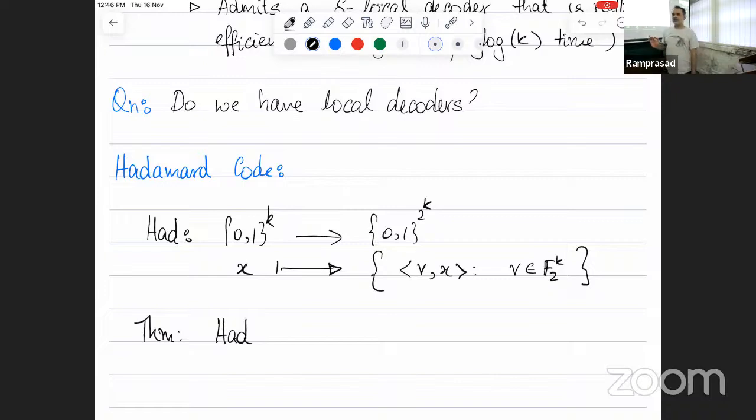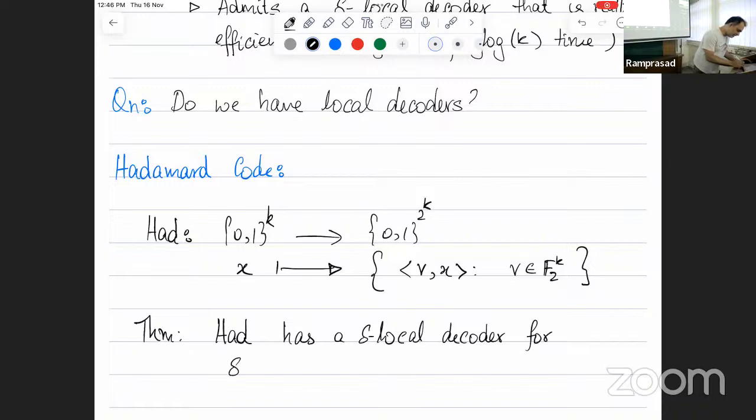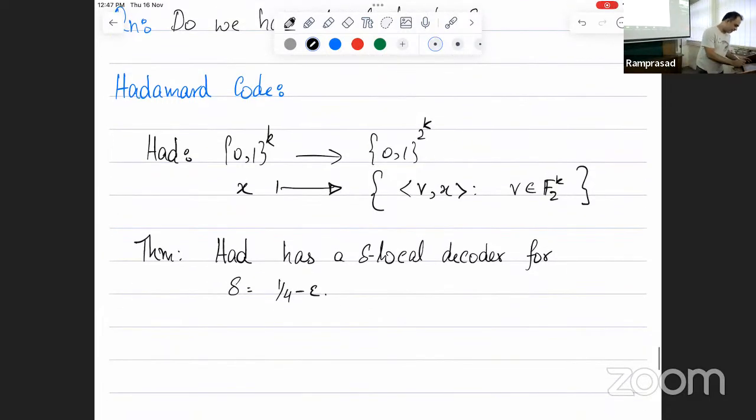Okay, so I need like a quarter is the best I can hope for. I want to say Hadamard has a local decoder, whatever, delta local decoder for any delta that actually looks like a quarter minus epsilon. Okay.